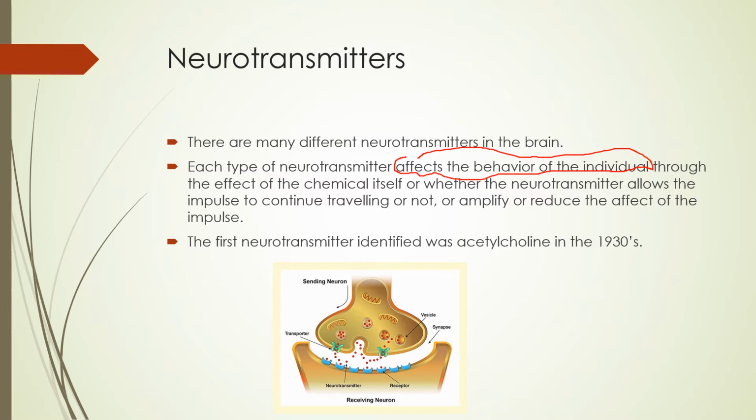And this can include whether the impulse is going to continue traveling or not. It could amplify or reduce the effect of the message or impulse. And just as a general fact, the first neurotransmitter identified was acetylcholine in the 1930s, and that affects memory and a couple other processes as well.